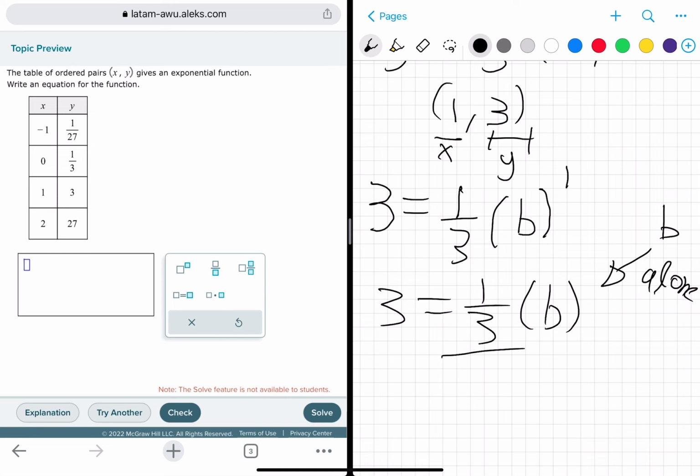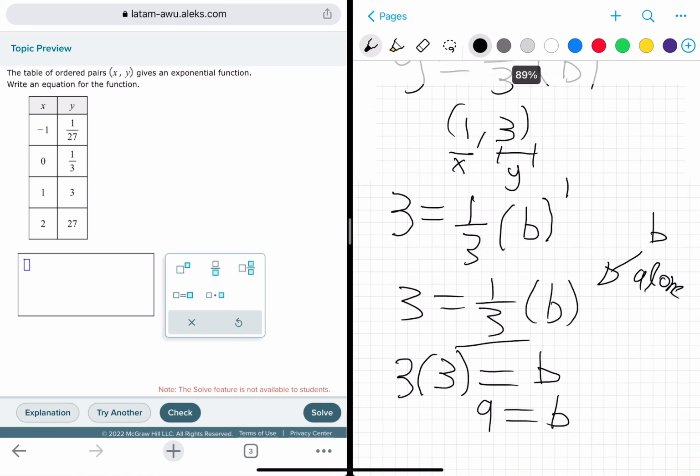And if this number is multiplying my b, then if it goes to the left, it's going to be the inverse of that number. So that should be something like 3 times 3 equals b, and that is going to be 9. So I know from this equation that the value of b is 9.